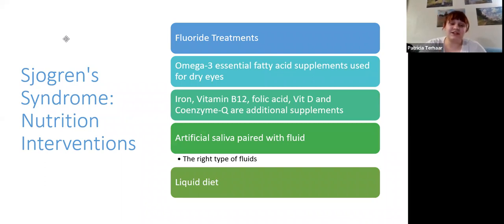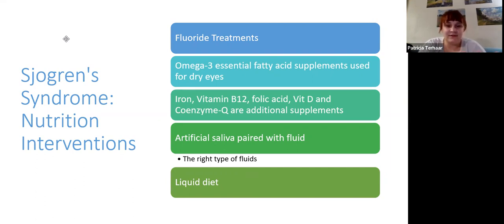In terms of nutrition interventions, fluoride treatments to help prevent dental caries and maintain oral health are definitely part of the treatment process. Omega-3 essential fatty acid supplements can be used for dry eyes. Also, Sjögren's syndrome is usually associated with a decrease in certain nutrients like iron, vitamin B12, folic acid, vitamin D, and coenzyme Q, and those can be used as additional supplements.